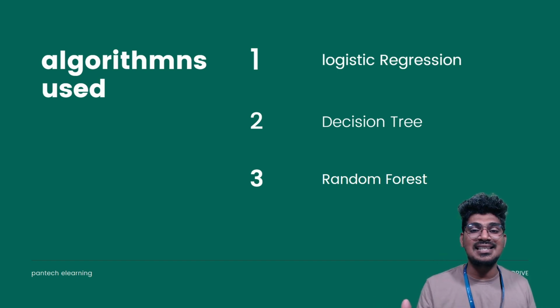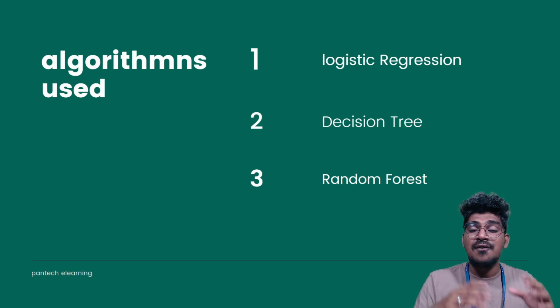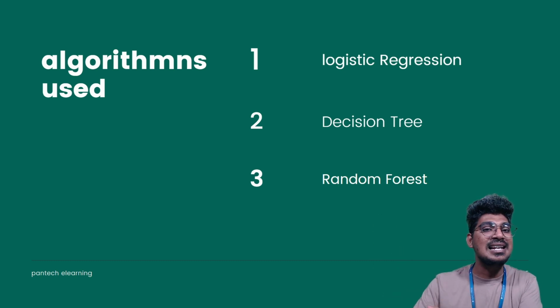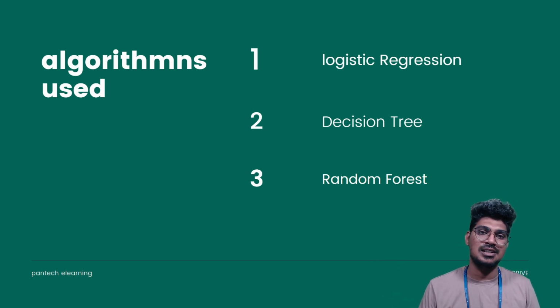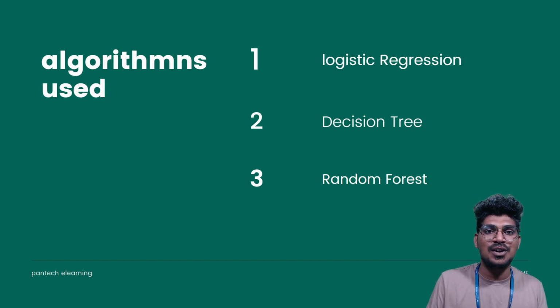So we can choose the algorithm based on the accuracy score of that particular model. I already told you the purpose of the evaluation process: it helps to find the best model for our particular target. We calculate the accuracy score of each and every model, and based on that score, we choose the best model.